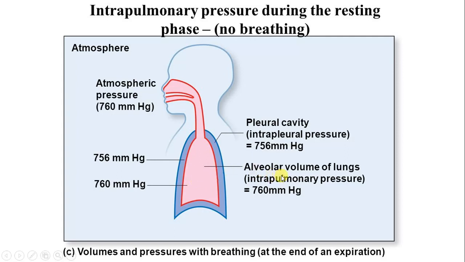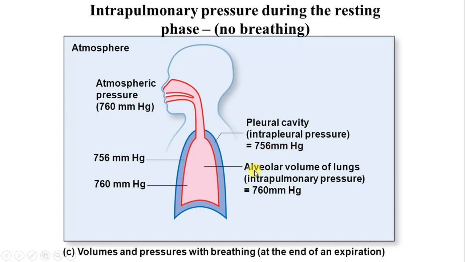Intrapulmonary pressure, meaning the pressure within the trachea, bronchi, bronchioles, and alveoli, is equal to the atmospheric pressure, 760 millimeters of mercury. But the pleural cavity pressure between the parietal pleura and visceral pleura is 756 millimeters of mercury, a 4 millimeter of mercury difference.